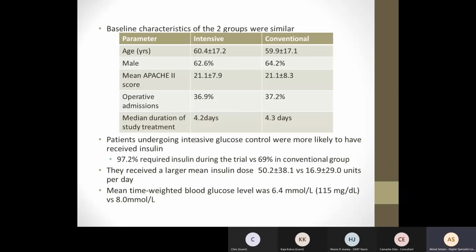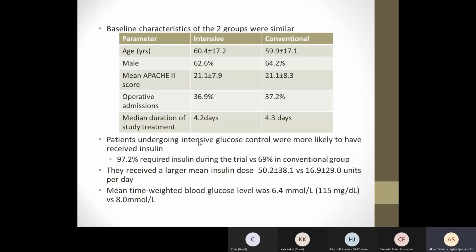Okay. So then the patients who were having intensive glucose control were more likely to have received insulin, which will be quite self-explanatory. And they received a much larger dose of insulin because their glucose control was expected to be much more tightly regulated.